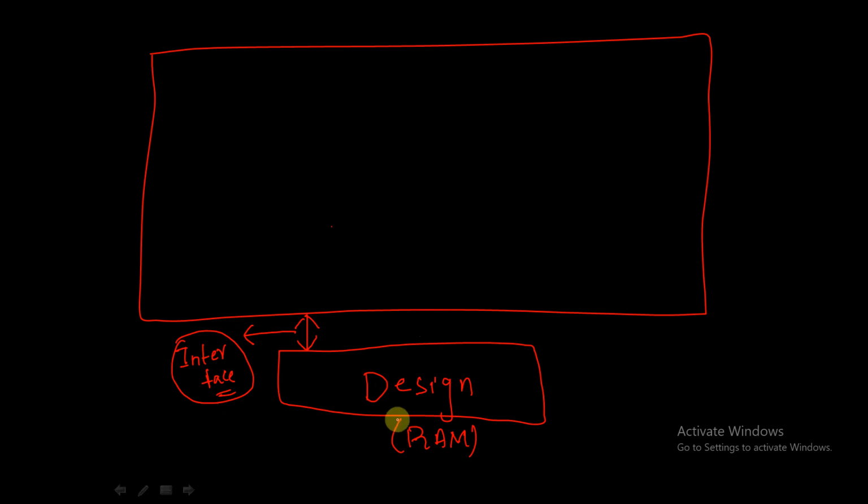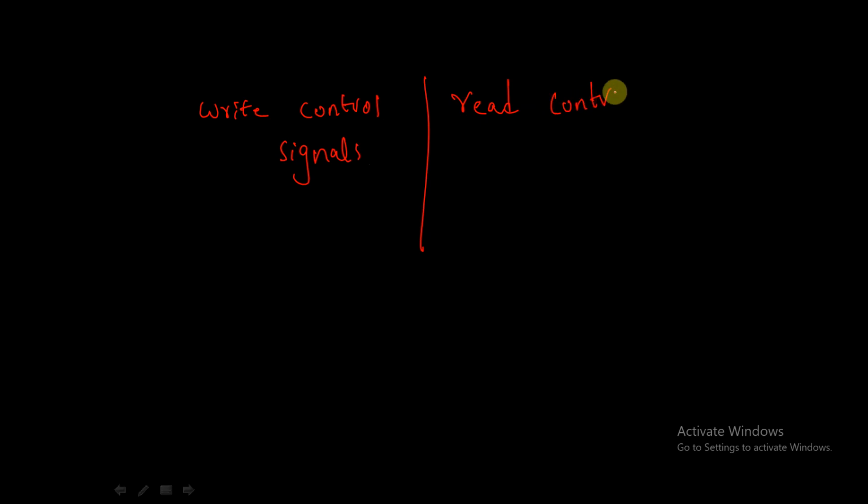Our RAM has two types of control signals: write control signals and read control signals.